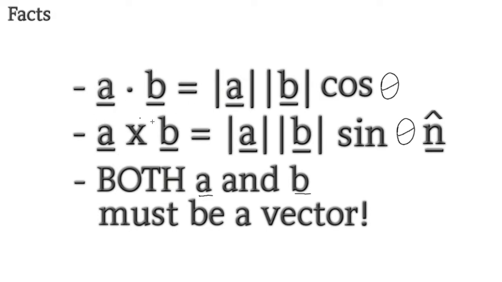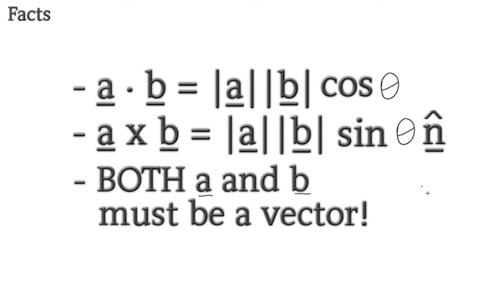And there's also a cross product, which is defined as mod a mod b sine theta with an n hat, where n hat is a unit vector that is perpendicular to both a and b.